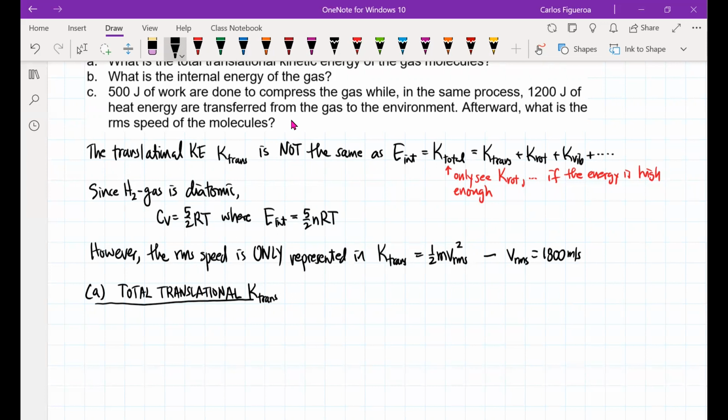Let's be careful how we define this. Each diatomic H2 molecule has a K RMS, which then implies a v RMS.